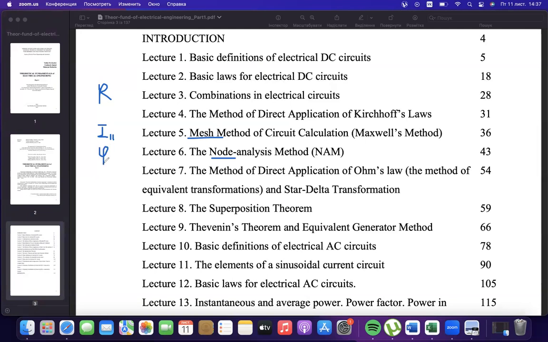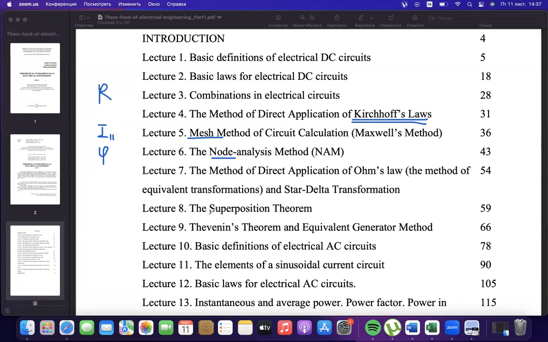In the second approach, we are using voltages, the potentials of some nodes, and both of these methods are transformations of the general physical laws such as Kirchhoff's laws. Just transformation of these main laws.